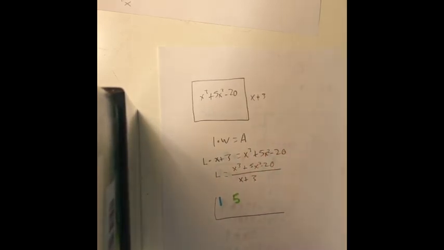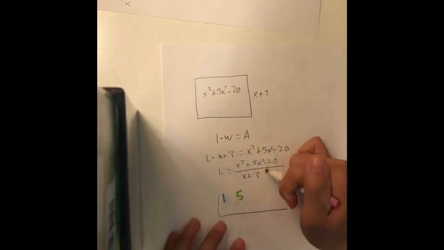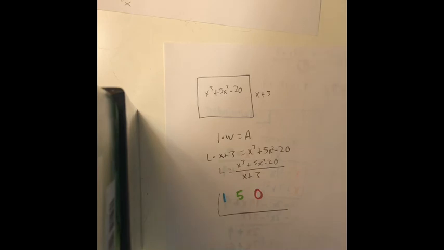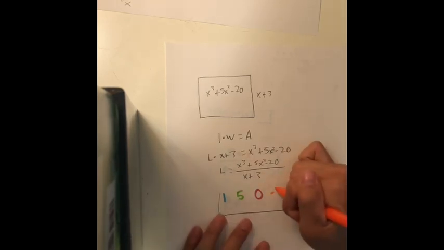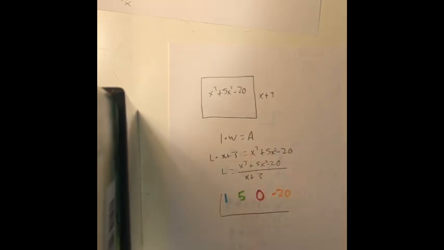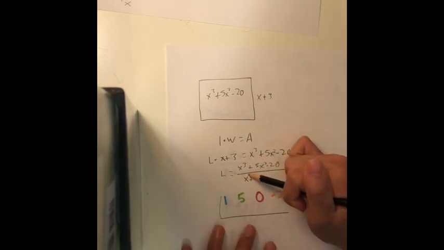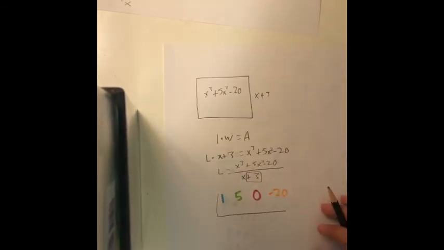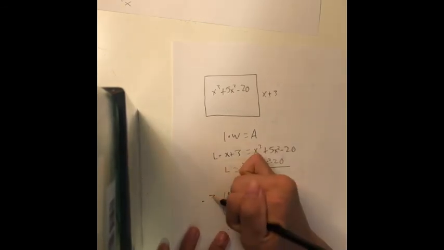And since there's no x, we're gonna write a 0 for the x, and it's then minus 20. Okay. Now we're gonna take the negative of this positive 3. The negative of that positive 3 is negative 3.